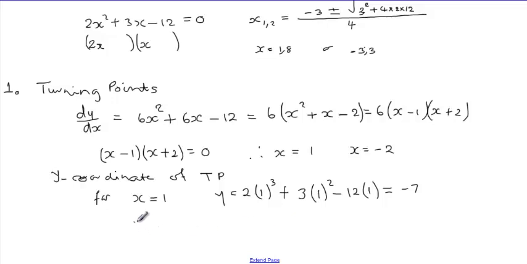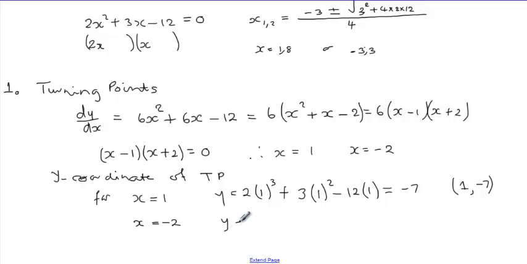Now for x equals minus 2. So guys, for this one, we've got a point we must plot, which is (1, -7). But let's get the two of them, then go to the graph and plot all of them.